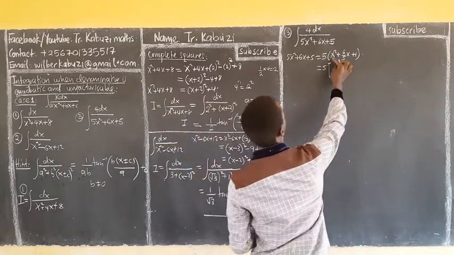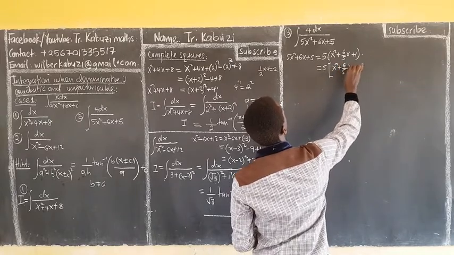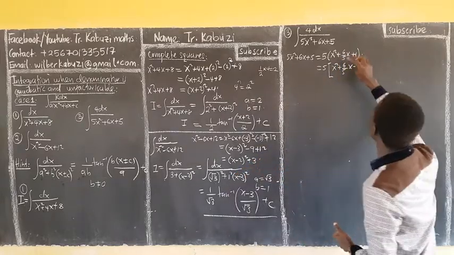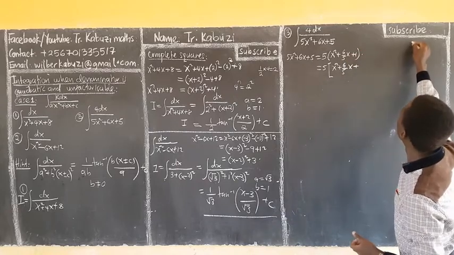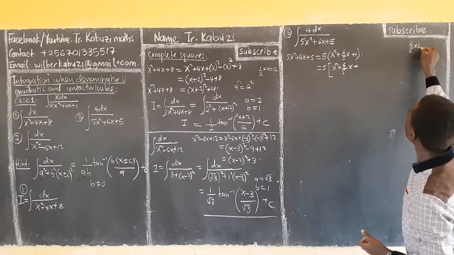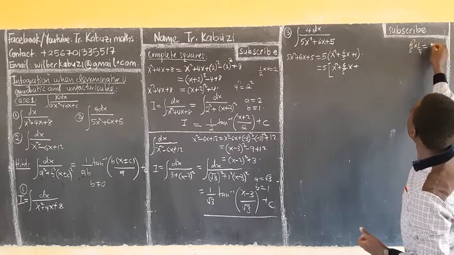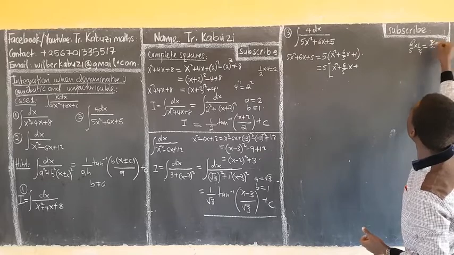I told you, you first write this, then plus a half. Multiply this, the coefficient of x now is 6 over 5, multiply it with a half, so that this will go with the 3. So we have 3 over 5.